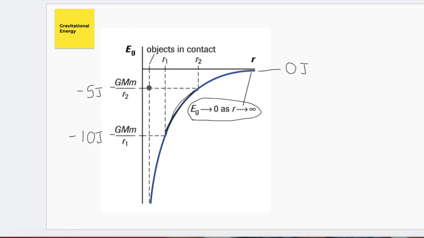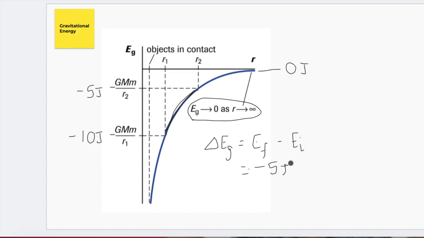In this case, however, if we're following this interpretation that this line represents 0 joules, then all my gravitational potential energies will be negative. And so if I take my final minus my initial, which is how I get my change, right? My change in gravitational potential energy is the same thing as whatever I have in the final minus whatever I had in the initial. In that case, the final, I have negative 5 joules.